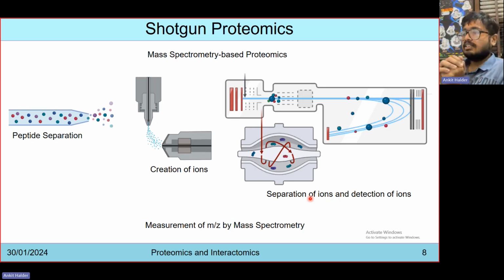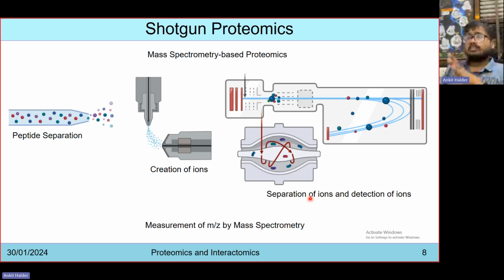So basically it is the m by z, or mass per charge ratio, that is being measured by the mass spectrometry. Once we get the mass per charge ratio, which will be different for different ions, it can be looked at for different ion spectra for particular peptides and particular ions, and can be further taken forward and used for our analysis.